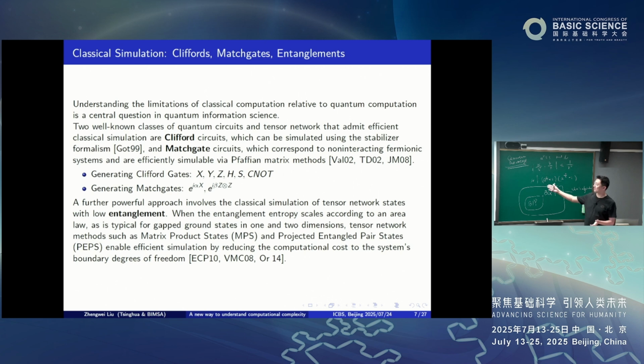And if you can say, okay, the combination still has efficient classical simulation, then somehow P equals NP. That's not what we should expect. But still, a general circuit is a mixing of the Clifford and matchgates, a hybrid Clifford-matchgate circuit. So we want to understand for those general circuits how far we can simulate them. That's a central problem for the classical simulation of those quantum circuits.